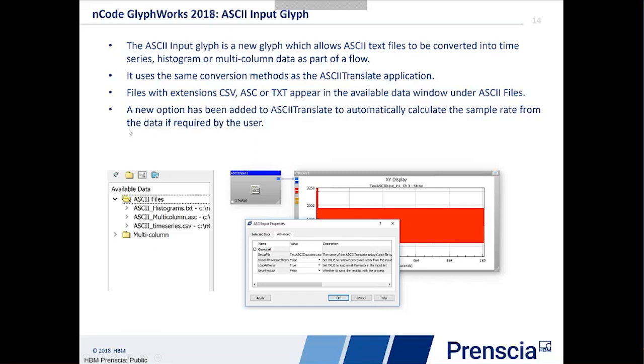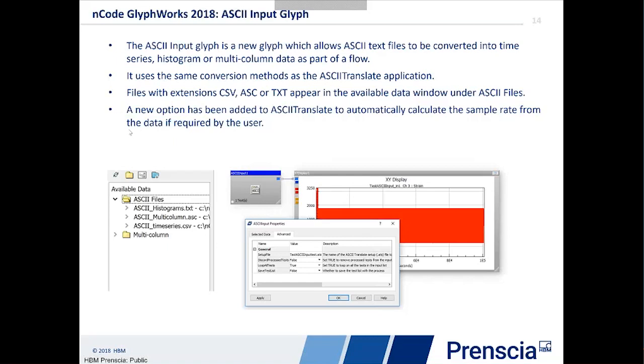Typically in an ASCII file, the first column is the timestamp of the data. And if it's iso-sampled, meaning the delta time is constant, there's a tick box that says basically look at the first column and derive the sample rate from that first column.